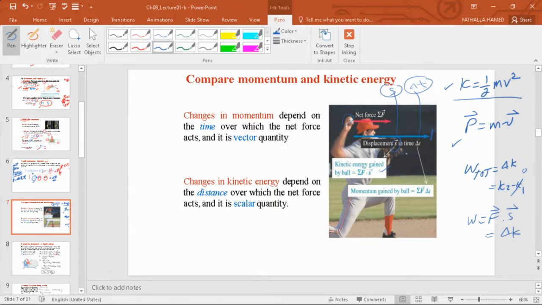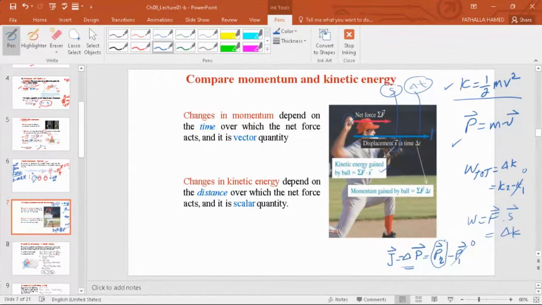Whereas if we look at the time interval, that will be the momentum gained. Remember, we said that J should equal the change in momentum, and the change in momentum is equal to P2 minus P1. But since he's starting from v equal to 0, P1 will equal 0. So the change in momentum here will give you the momentum that is gained by the ball.